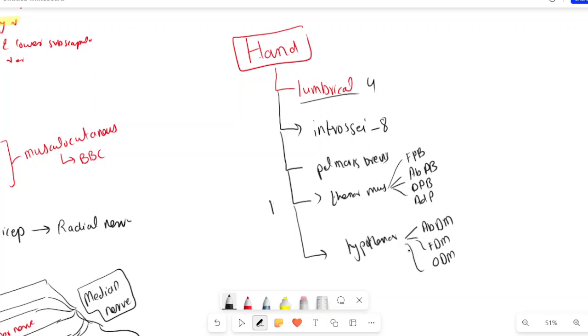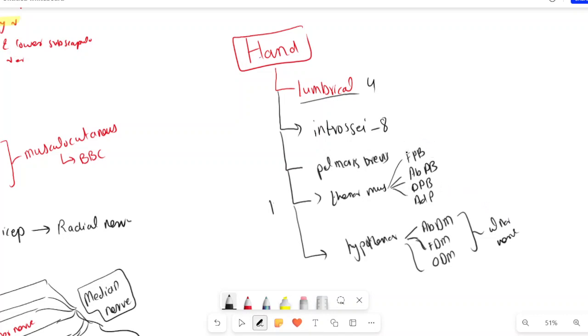These 3 muscles are here, and they are supplied by the ulnar nerve. All these muscles are supplied by the ulnar nerve except two.